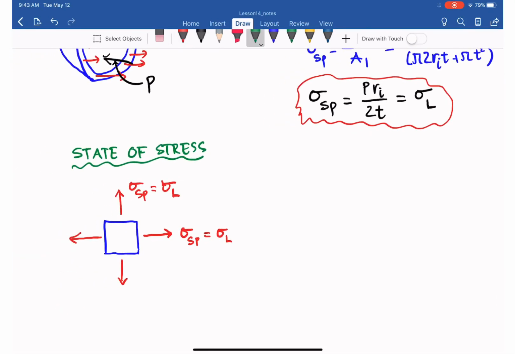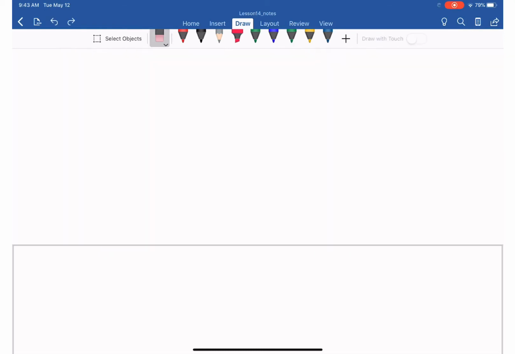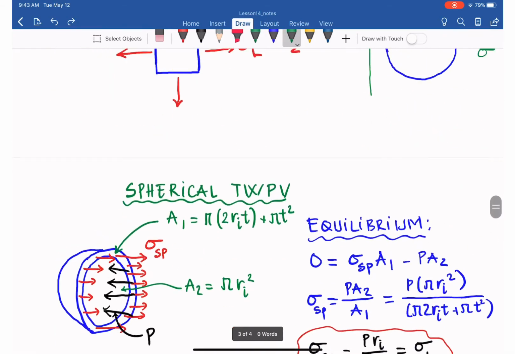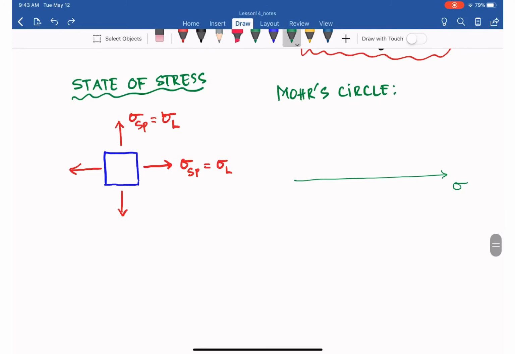And also we can draw the Mohr's circle for this situation, and it's very special, as you are going to see. For the sphere, we have the x-axis, which represents sigma, and the vertical axis, which represents tau.